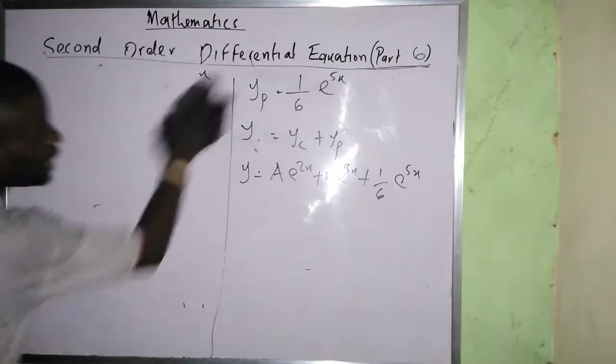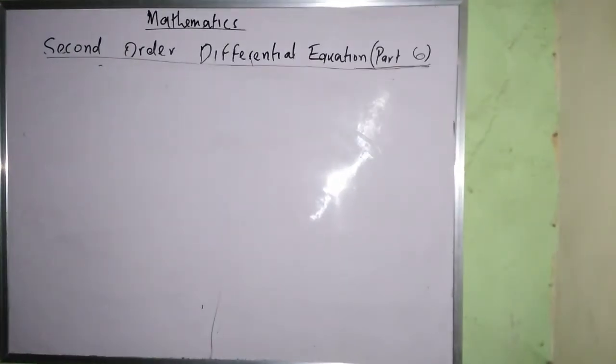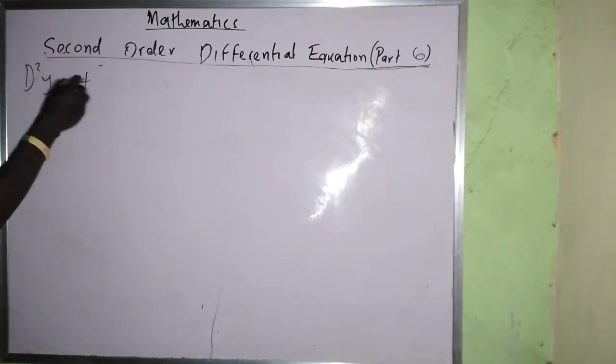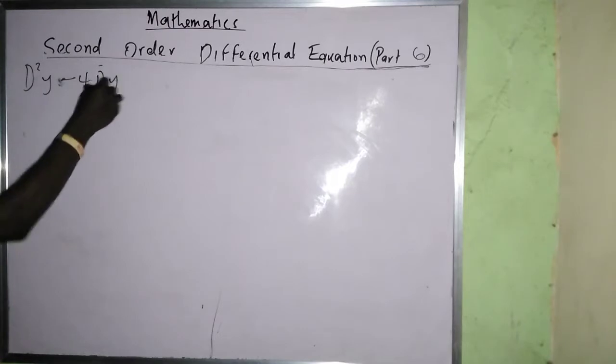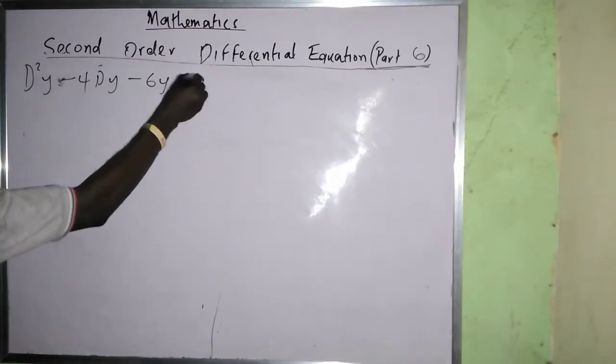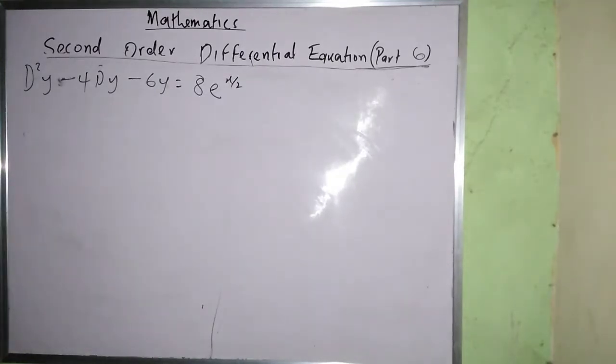Now, let me move on to another problem that can also be of help before we move on to case 2. Now, if I have something like this: D squared y plus 4 minus 4 Dy minus 6y equals 8e^(x/2).